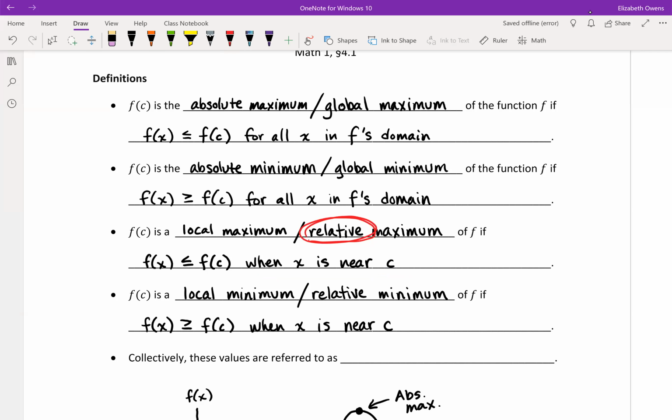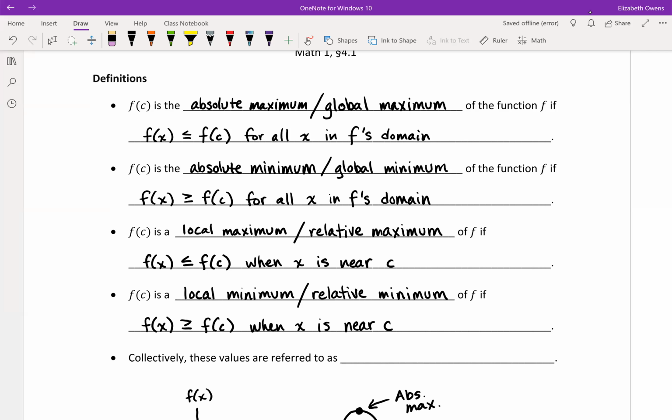As opposed to an absolute maximum, where it's not just relative to the things in its area, it is the absolute biggest thing for all of the x's. This is the biggest y value. So absolute is everything, versus relative, which is just relative to the things around it.